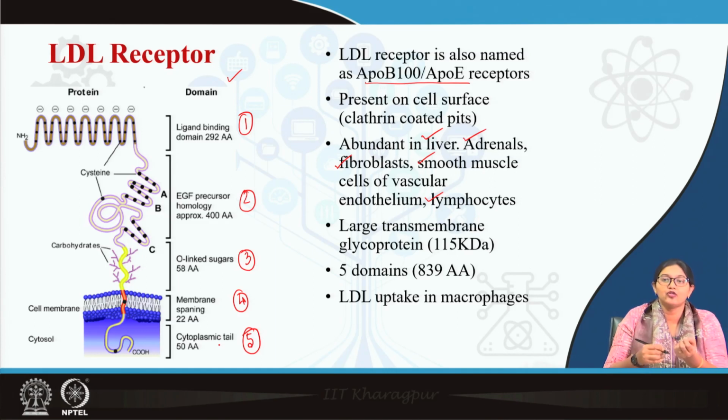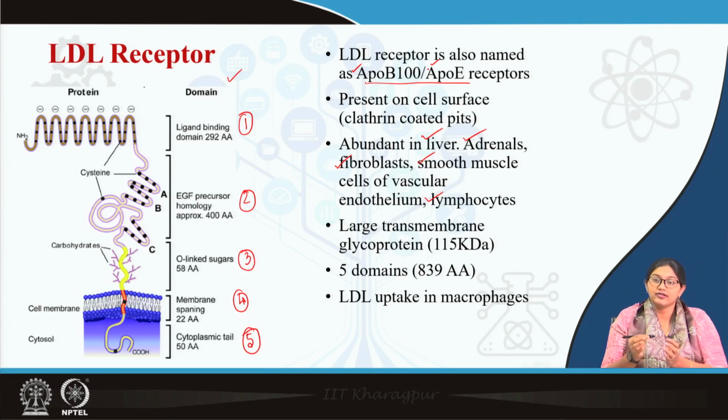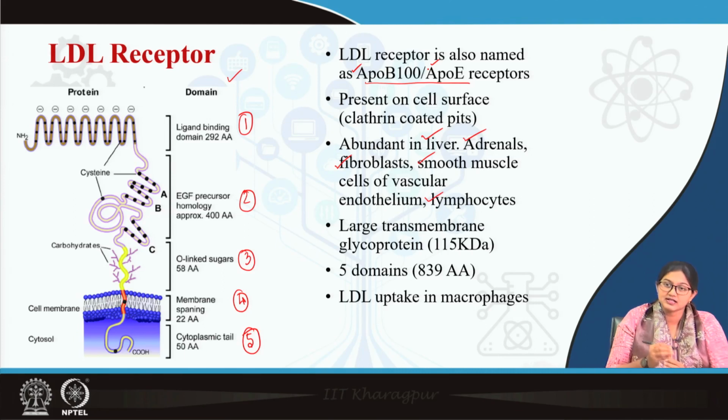As the name indicates, the ligand binding domain binds with the ligand, that is ApoB100 or ApoE containing lipoproteins. In this ligand binding domain, there is a repeat sequence known as class A repeat, which contains 40 amino acids. Seven such repeats are present in this domain. In this domain there are cysteine residues as well as acidic residues.